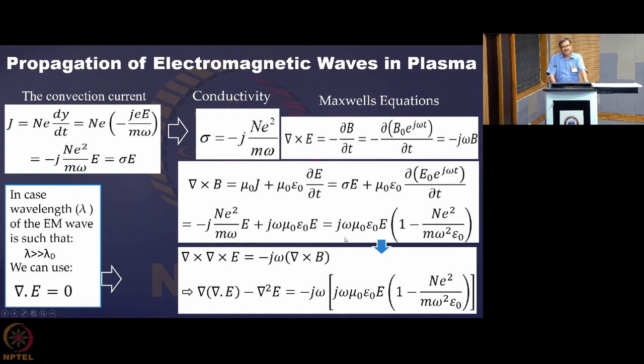Curl B is equal to j omega mu 0 epsilon 0 E taken out, then within the bracket 1 minus n square by m omega square epsilon 0.